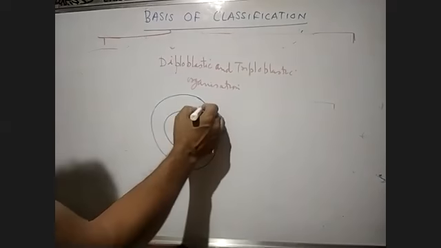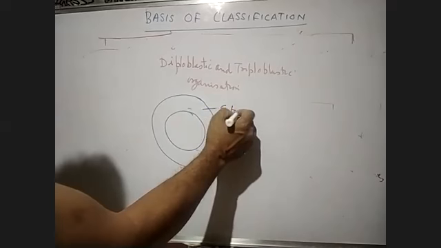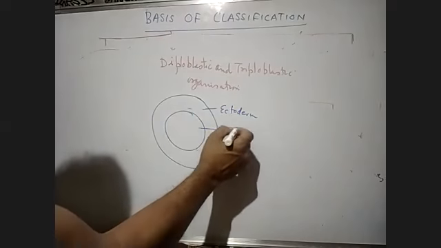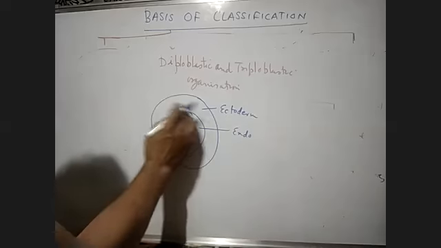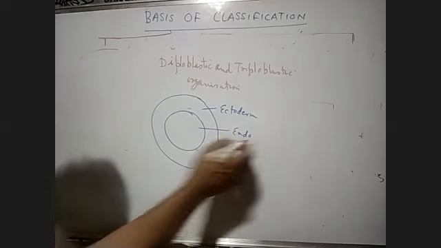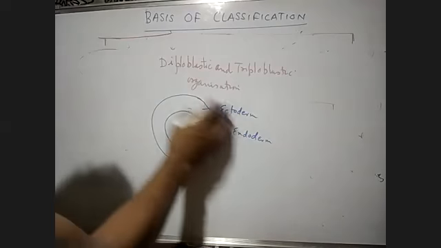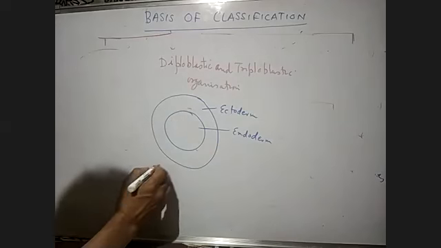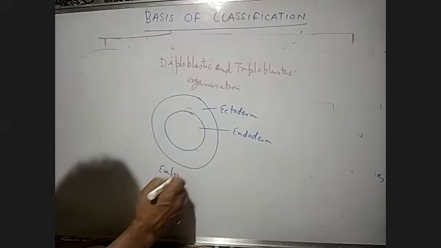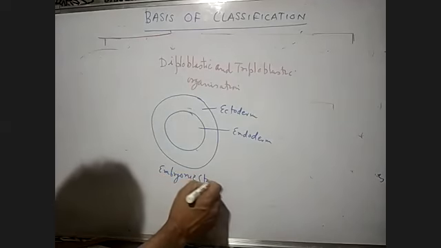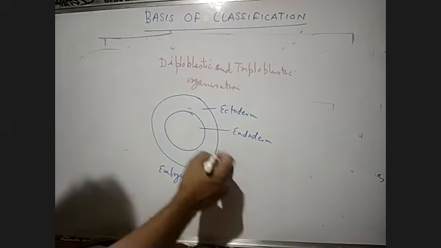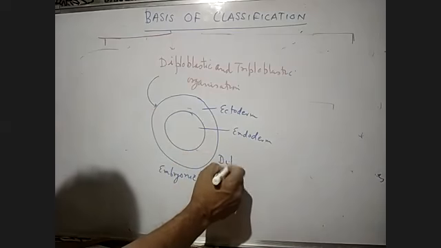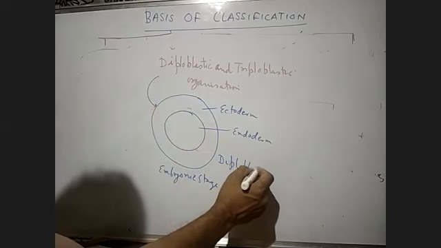Suppose this is the ectoderm, and here inside you will see the endoderm. This kind of organization of two layers in the embryonic stage is called diploblastic organization.